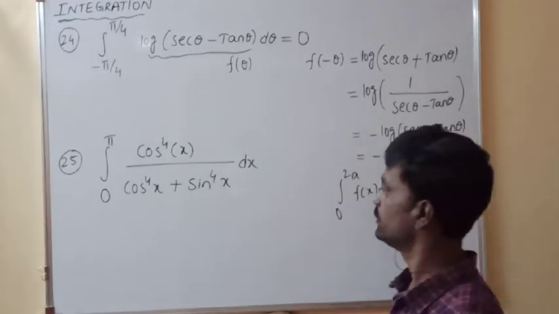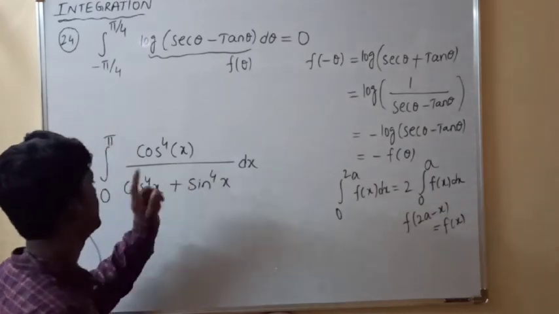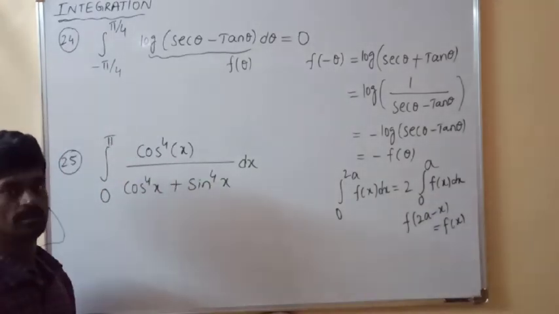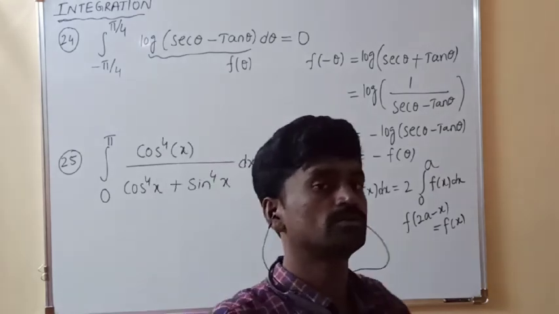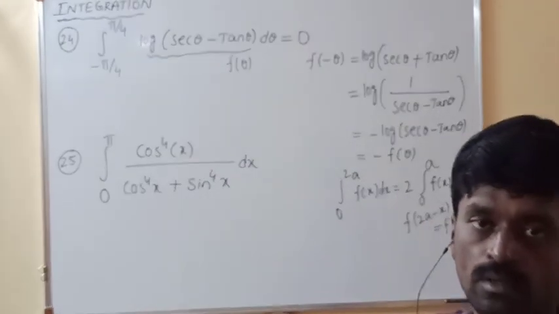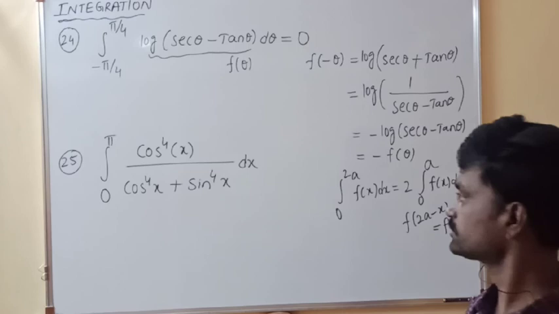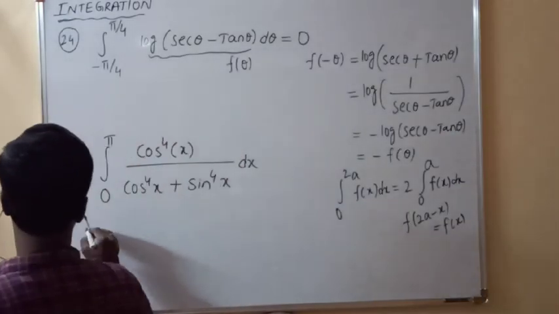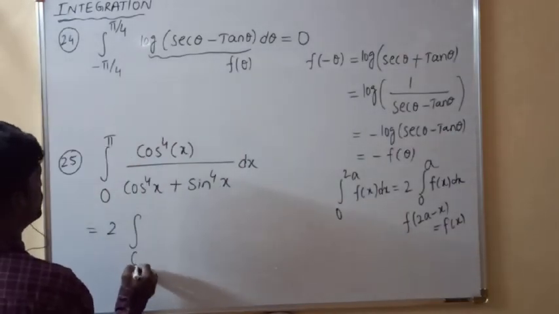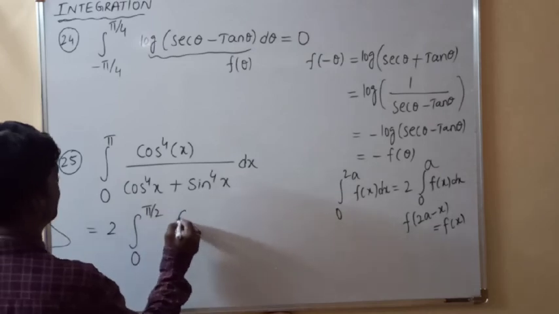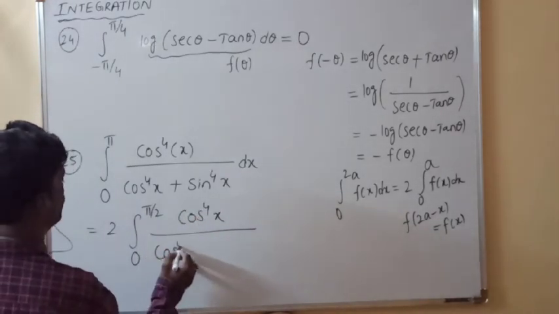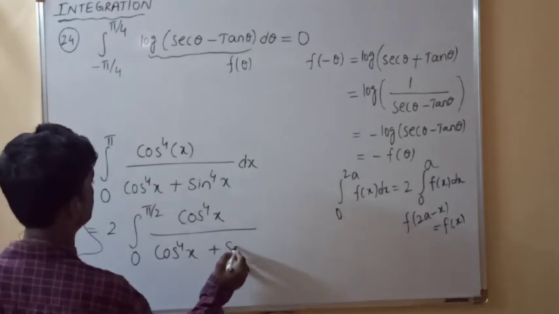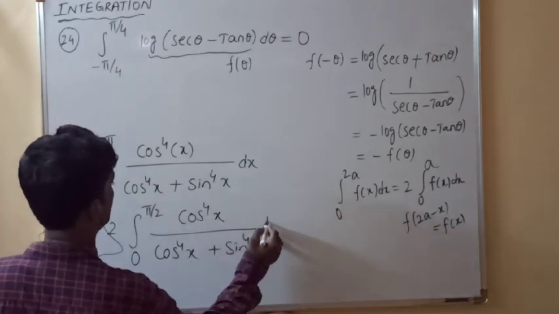Here also, if you replace x by pi minus x, the function remains the same, because cos of pi minus x is minus cos x, and because the power is an even number, the function remains the same. So this can be written as 2 times integral 0 to pi by 2 cos power 4x by cos power 4x plus sin power 4x dx.